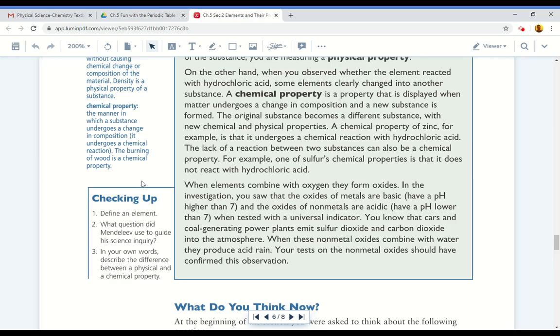A chemical property of zinc, for example, is that it undergoes a chemical reaction with hydrochloric acid. The lack of a reaction between two substances can also be a chemical property. For example, one of sulfur's chemical properties is that it does not react with hydrochloric acid.